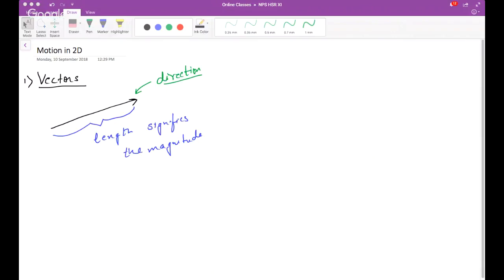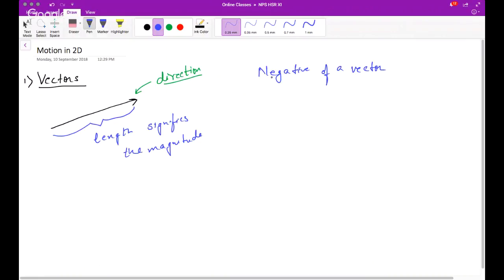Let me just recap whatever we learned in vectors. We learned negation of a vector. Before that, you need to understand how vectors are represented. So basically, we have points A and B, A being the origin, B being the destination.